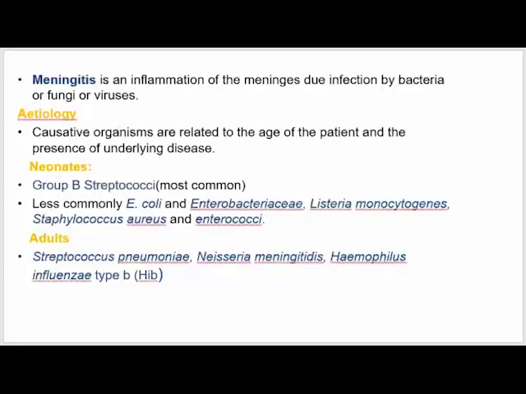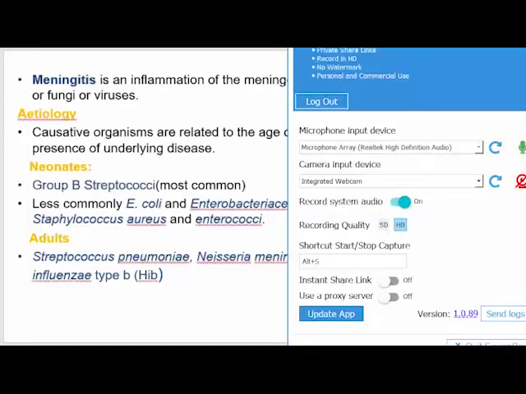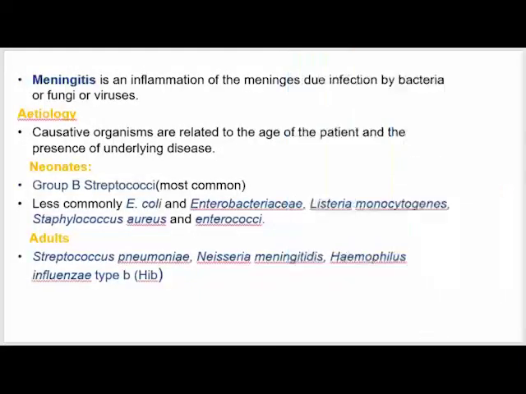In adults, you will see Haemophilus influenzae type B, Neisseria meningitidis, and Strep pneumoniae. So those are the causative organisms, and it's important as pharmacy personnel to be aware of the causative organism. Okay.